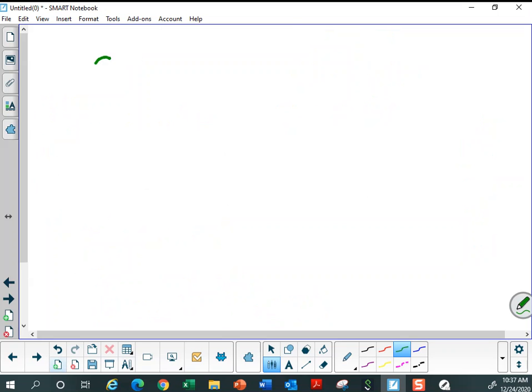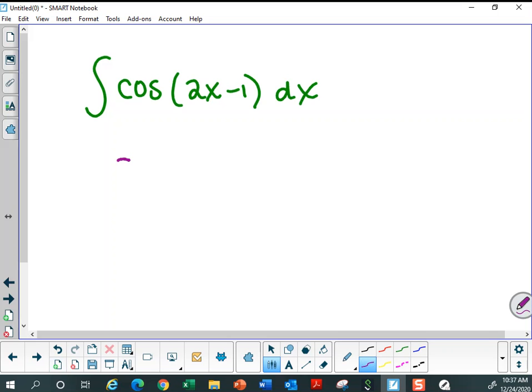If somewhere in your heart you're thinking, well, I don't have to do that, I'll just do this. Antiderivative of cosine is sine. Unfortunately, that's not an equal statement.